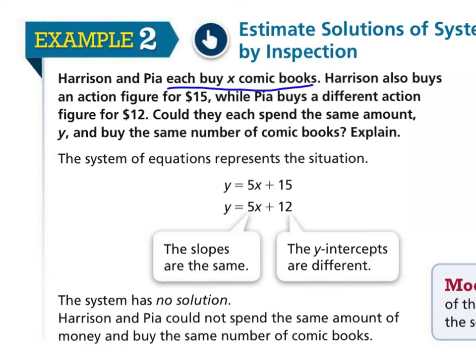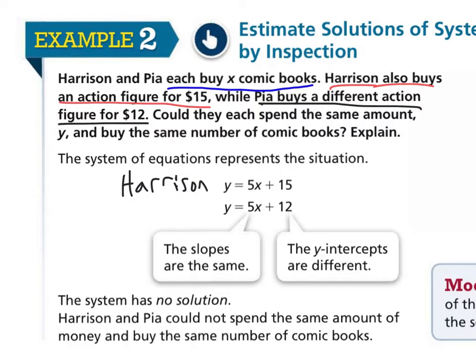Okay, so they're each buying the same number of comic books. Harrison bought an action figure for $15, and Pia bought an action figure for $12. So think about their equations here. This first equation would be for Harrison.